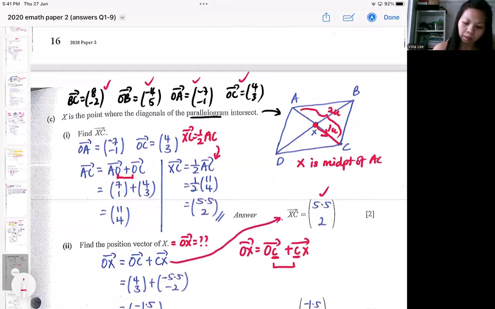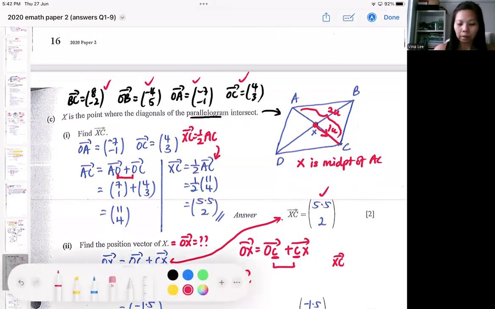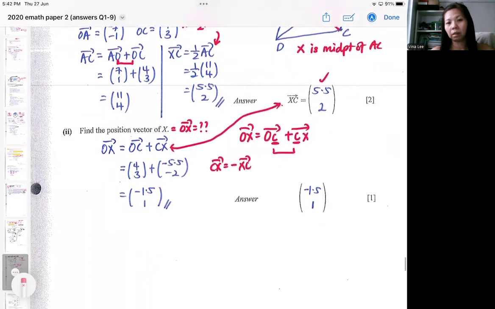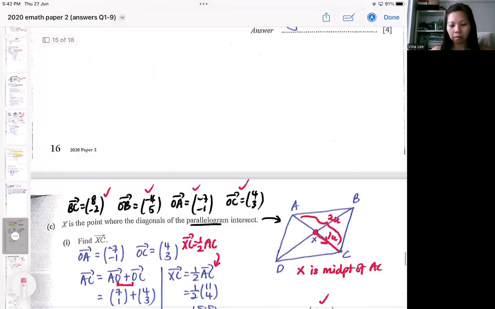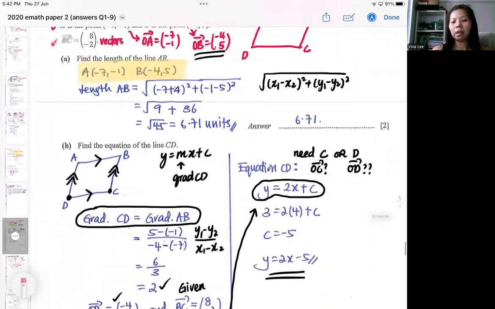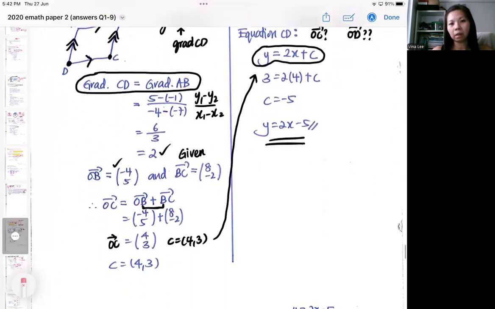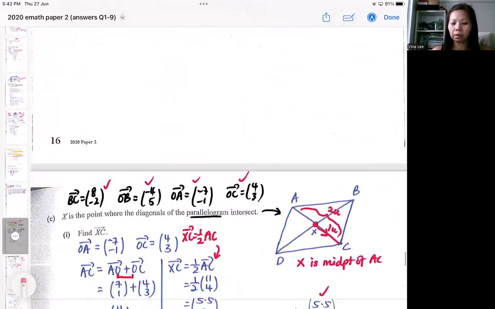Just remember XC and CX are a negative away from each other. So it's quite easy. If you can have XC, you can have CX with a sign difference. So it's actually not that difficult if you really sit it through and draw it out. You find that there's still a lot of fill in the blanks for this whole question.